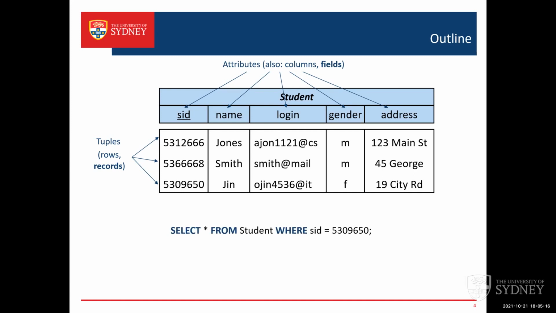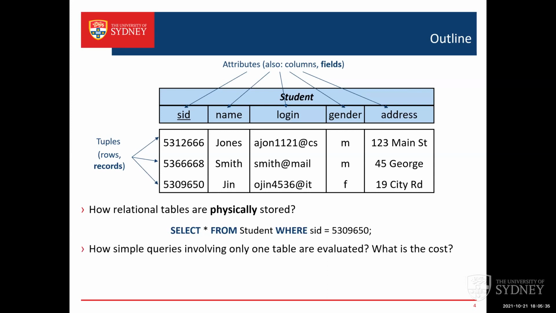What we are going to learn today: if we have a query like this, select everything from one table where some condition is there, then the first thing we want to figure out is how these tables are stored physically. Okay, so in the actual storage, how they are stored. Once we know that architecture, then we want to figure out the cost.